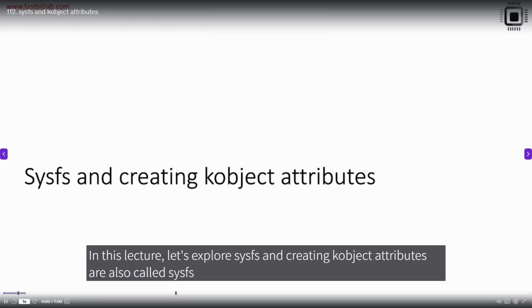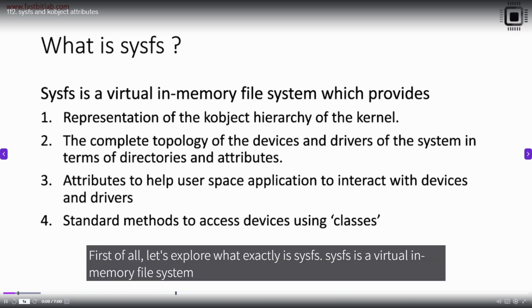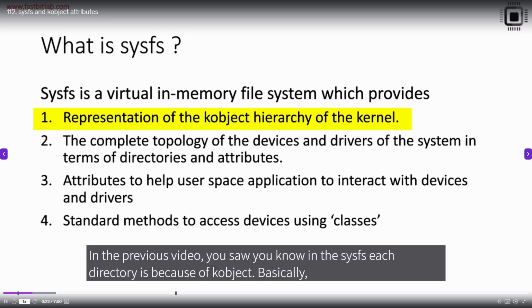In this lecture, let's explore sysfs and creating KObject attributes, also called sysfs attributes. First of all, let's explore what exactly is sysfs. Sysfs is a virtual in-memory file system which provides a representation of the KObject hierarchy of the kernel. In the previous video, you saw, in the sysfs, each directory is because of a KObject.